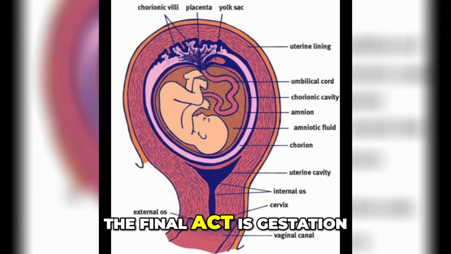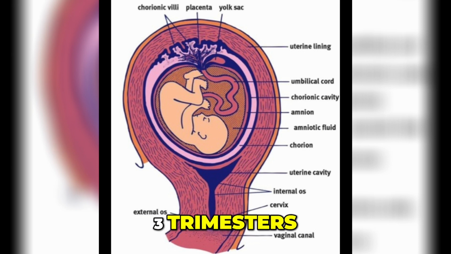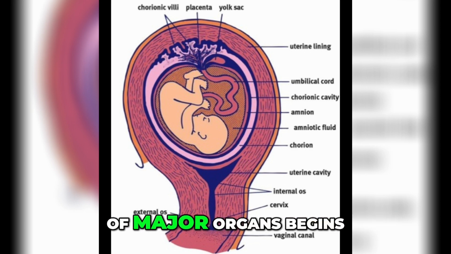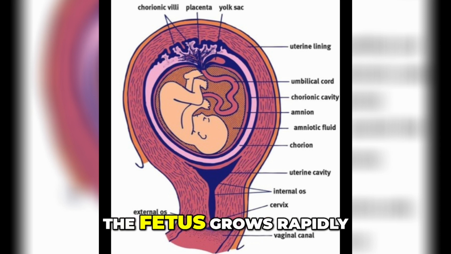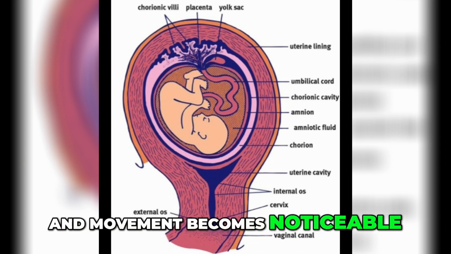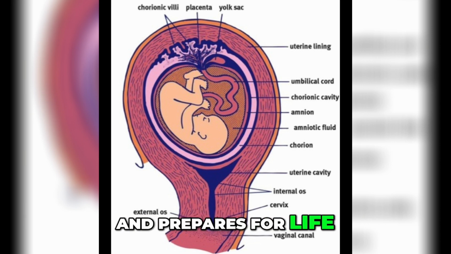The final act is gestation, which is divided into 3 trimesters. First trimester, organogenesis, or the formation of major organs, begins. In the second trimester, the fetus grows rapidly and movement becomes noticeable. In the third trimester, the fetus gains weight and prepares for life outside the womb.